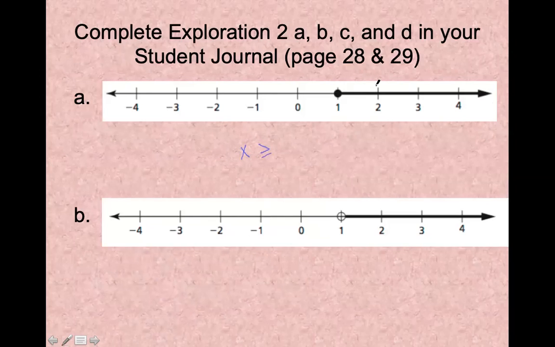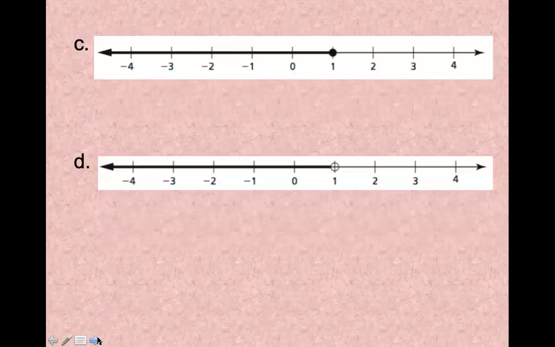It's going to the right, so I know it's greater than. The dot is filled in, so it could be equal to. So x, the values are greater than or equal to 1. On B, I'd have x is, and again, the arrow is pointing to the right. It includes all these values here, but it does not include 1. So it's greater than 1. All right, let's look at C.